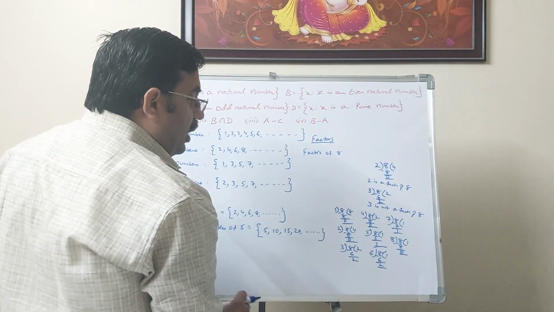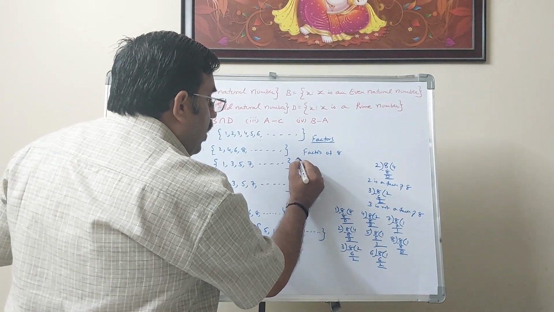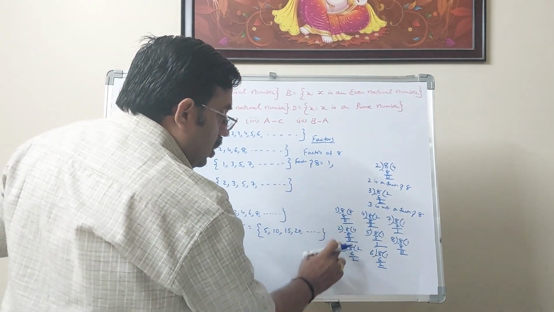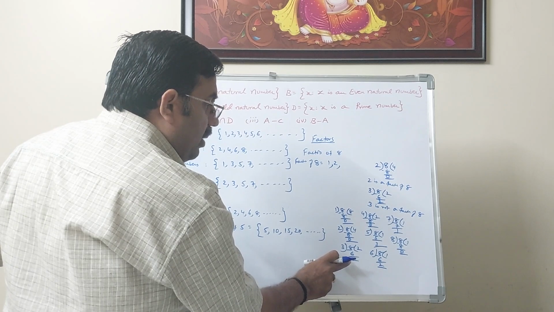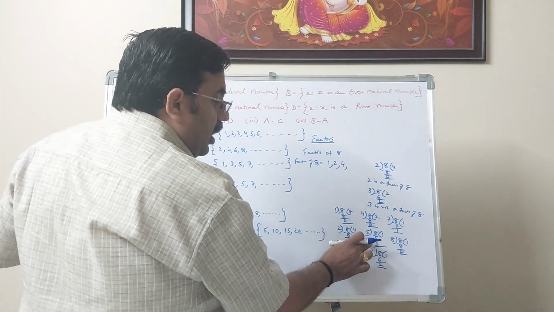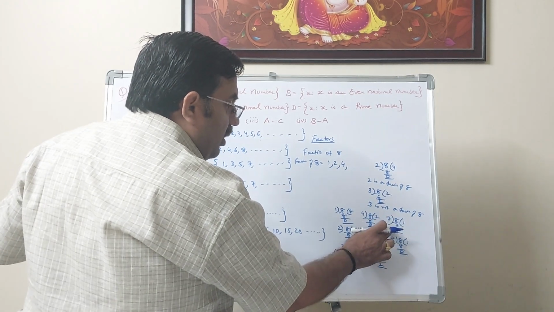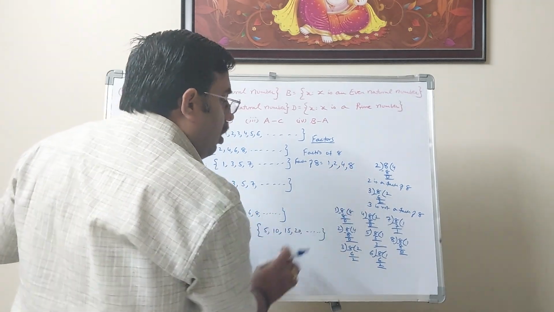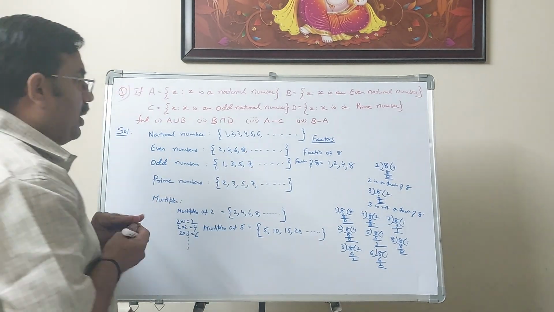So factors of 8 are the numbers where the remainder is 0: 1, 2, 4, and 8. 3, 5, 6 and 7 are not factors because you have a remainder. So 1, 2, 4, 8 are the factors of 8. This is the way you write the factors of any given number.